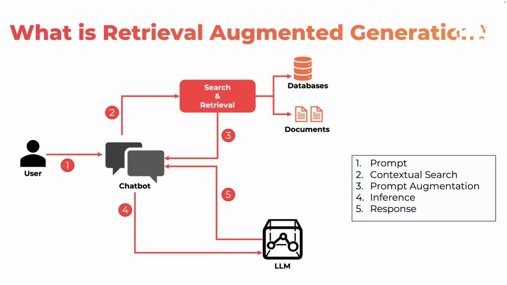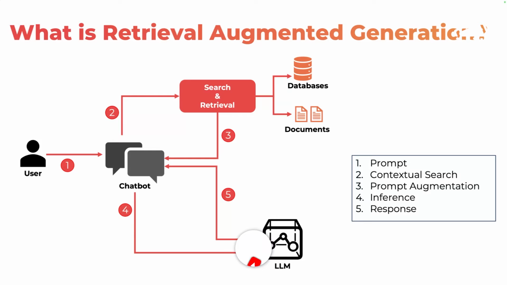Now, once the contextual search is done, it comes back with some chunks of text or sentences, which actually contain the leave policy. That is going to be injected into the prompt, and this process is called prompt augmentation. So you have the prompt, and just above or just below the prompt, you have the context, which is the output from the second step, the contextual search.